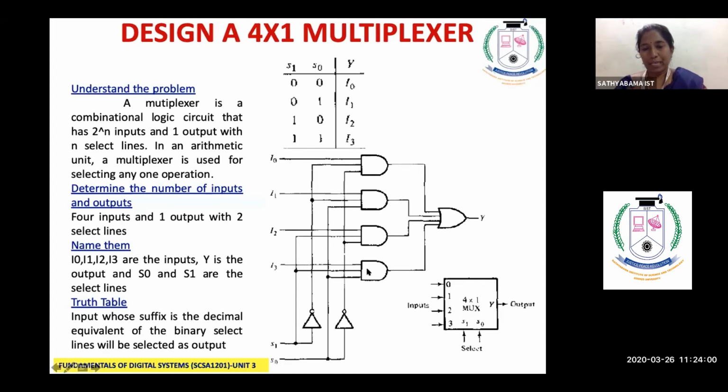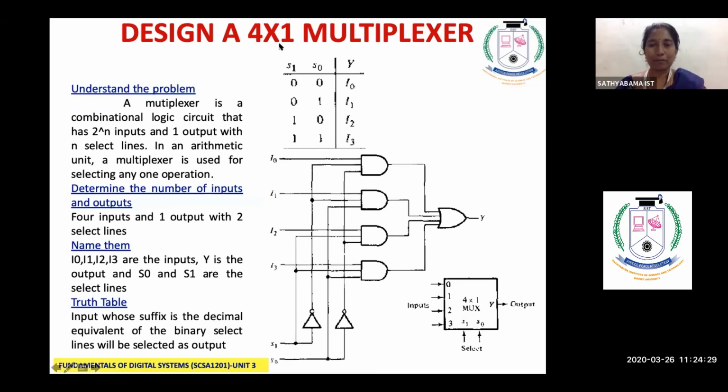Now, if you closely look at this multiplexer and the previous decoder, both of them are nearly the same, but with some difference. I think it's time for us to learn. So I have given you a block diagram for the multiplexer also. I want you to compare and contrast a multiplexer with a corresponding decoder.